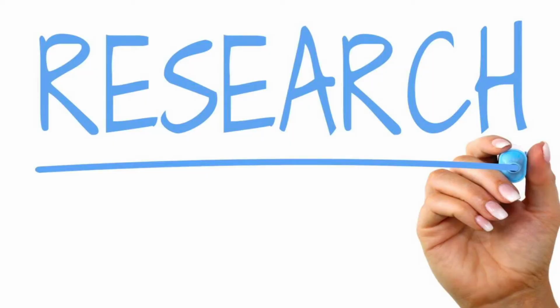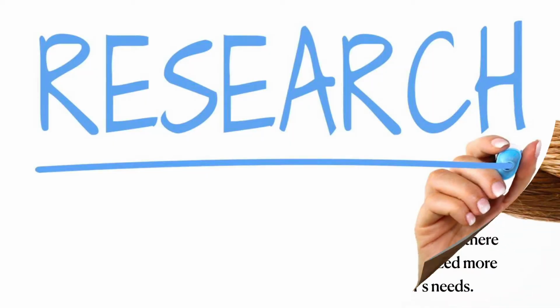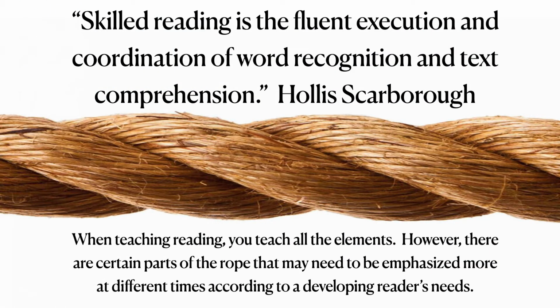And she describes balanced literacy as looking like a rope, probably one of the most famous graphics in literacy, describing literacy, that you'll probably ever find. And she says this: it does look like a rope. Skilled reading is the fluent execution and coordination of word recognition and text comprehension.